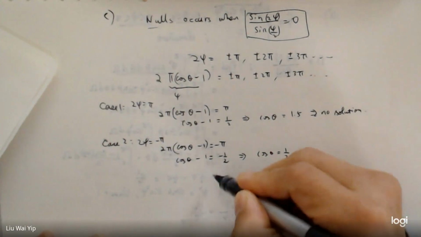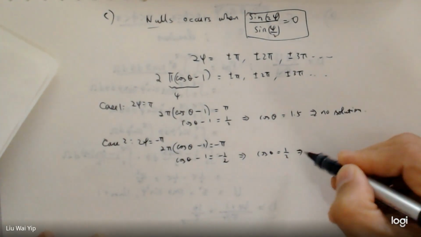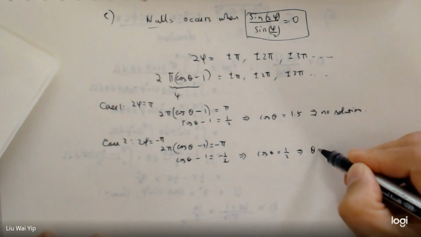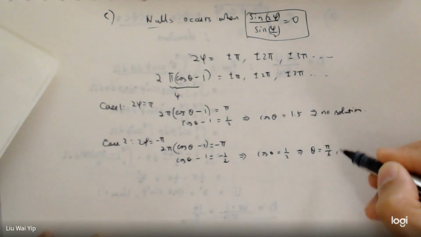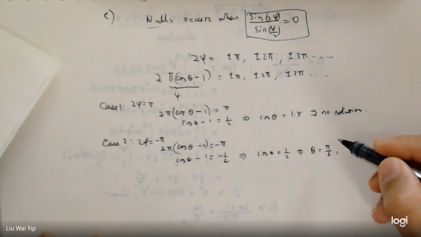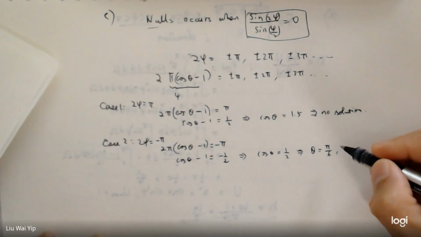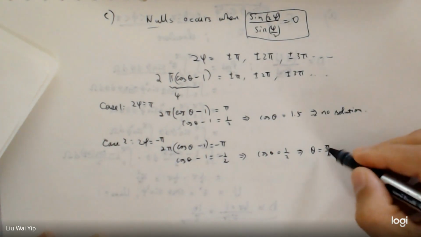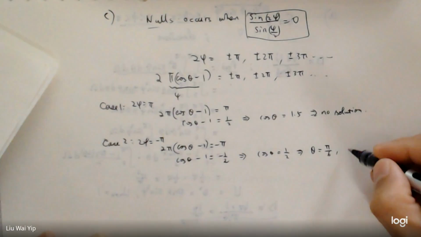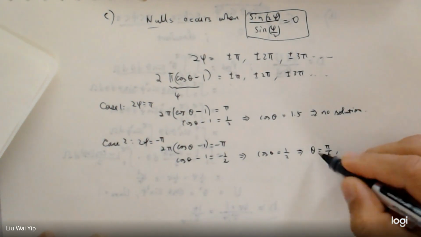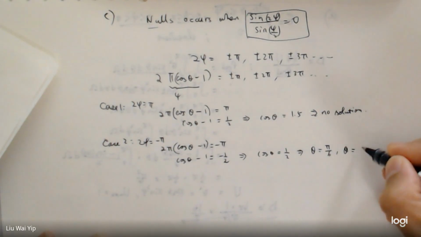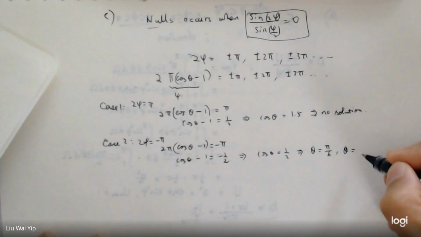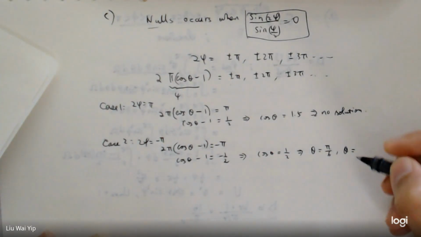So this means theta is equal to pi over 6. And another angle is, in the second quadrant, there is another solution for cosine theta, which is pi minus pi over 6.